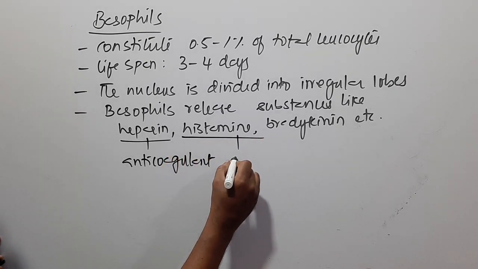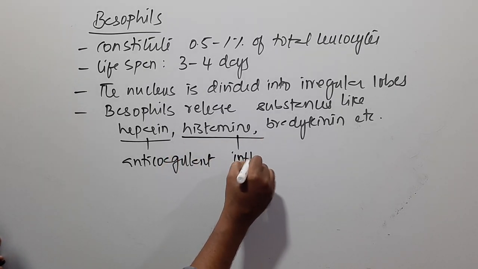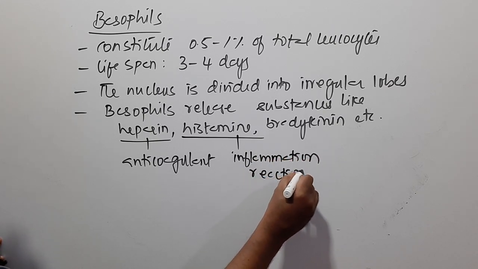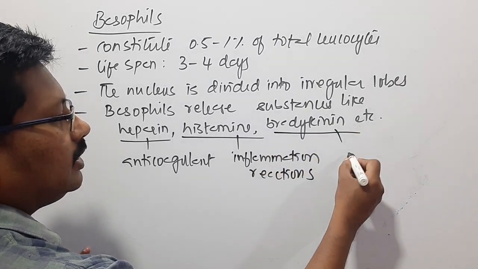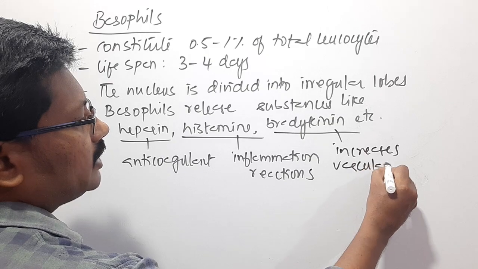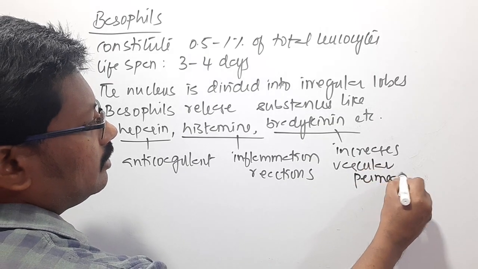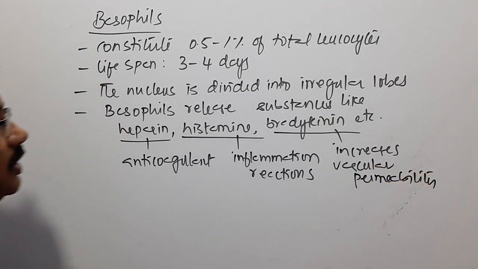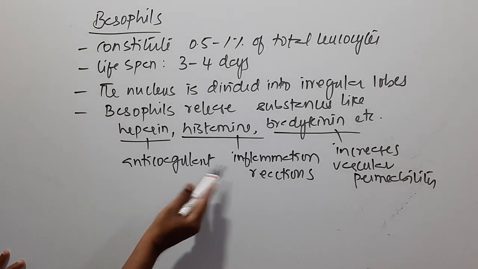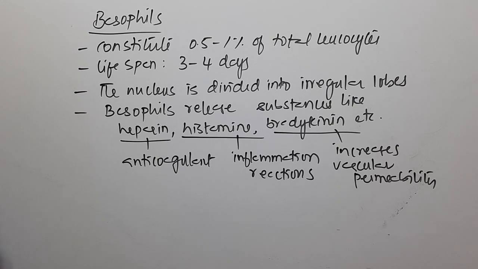Histamine is involved in inflammation reactions, and bradykinin increases vascular permeability. So there are several functions. This is heparin, an anticoagulant; histamine, involved in inflammation reactions; and bradykinin is involved in increasing the vascular permeability.